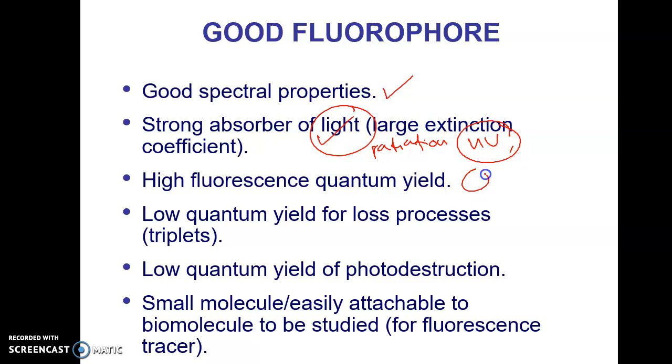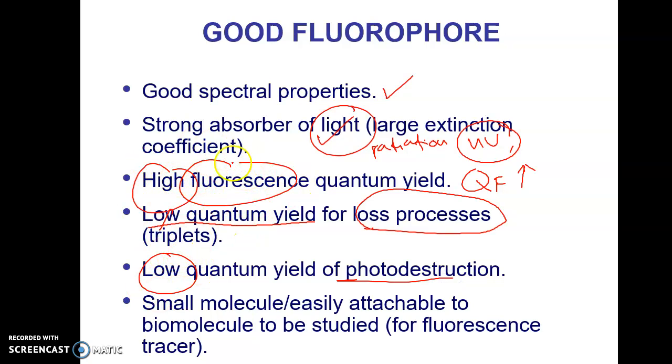We want to have high quantum yield for fluorescent, but we don't want high quantum yield for all those non-radiative effects. So we want to have low quantum yield for loss. The loss needs to be reduced, and photo destruction needs to be reduced, so that the fluorescent will be high.